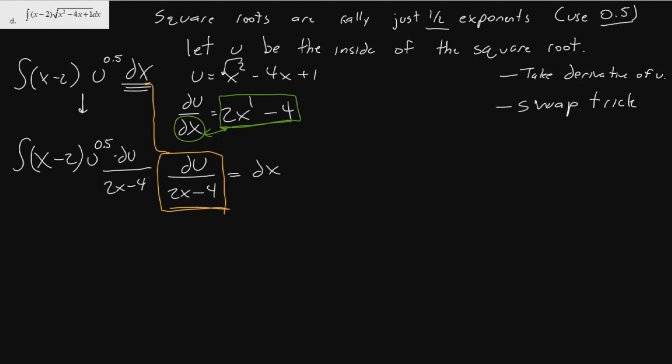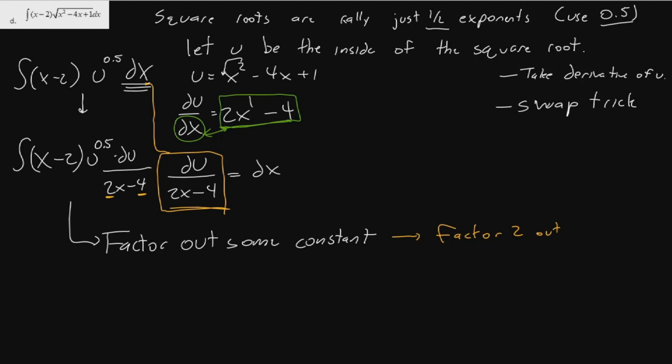Now, ideally, we would like to cancel something out if possible. But before we do that, let's try to factor out some sort of constant. So in the top, I don't see any sort of constant that would factor out. But if you look carefully, you might notice that in the denominator, we have a 2 and a 4 in the same expression. So I would recommend that you factor a 2 out of the denominator.